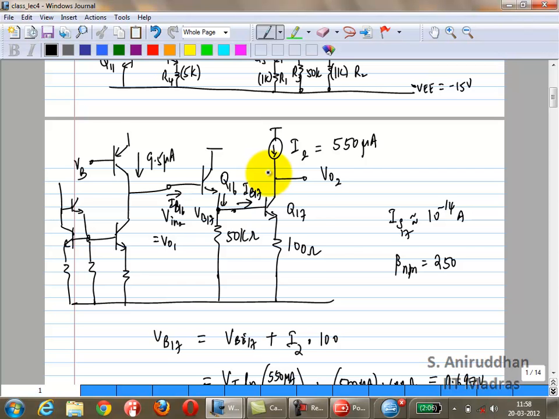You want to use the same technique, which is Miller multiplication. So the most natural way is to put it across the common emitter stage. But then people usually put it in here, because the emitter follower also has a gain of 1. So normally it's compensated between these 2 points.